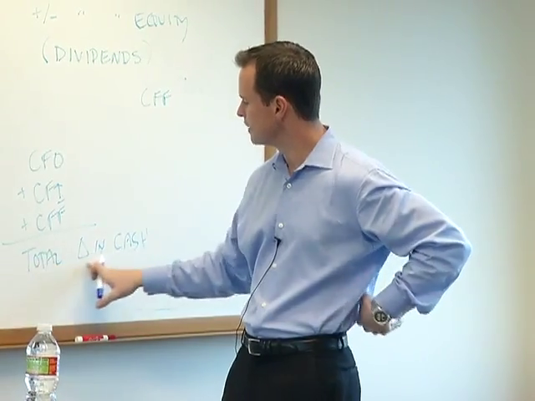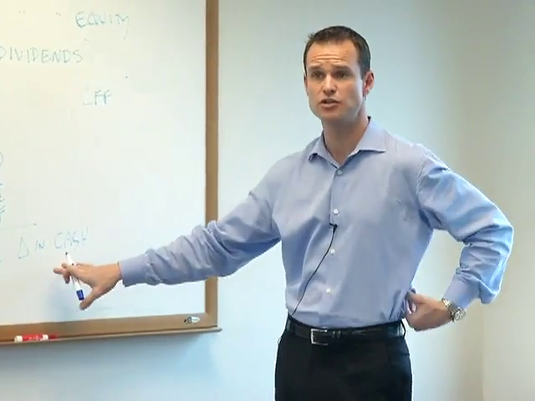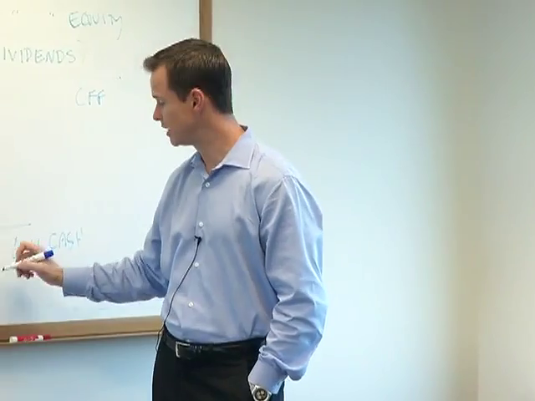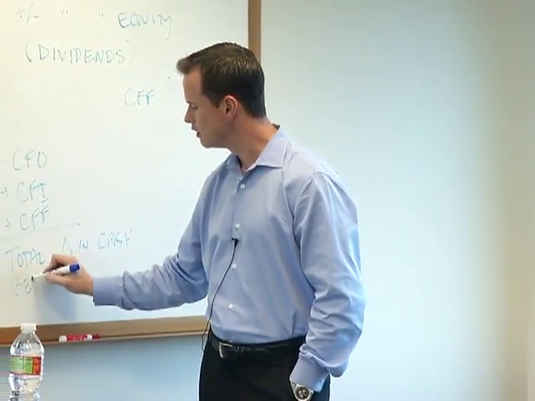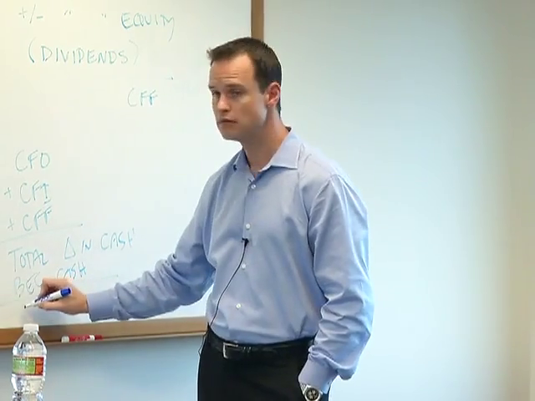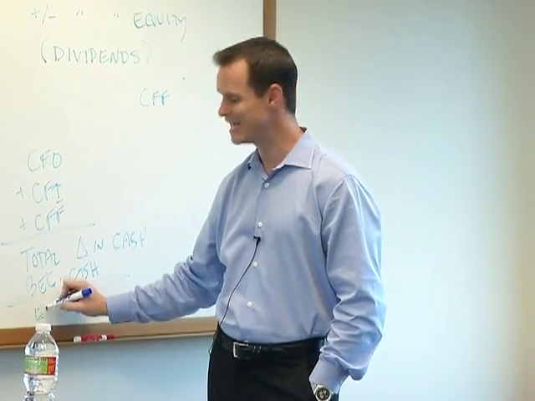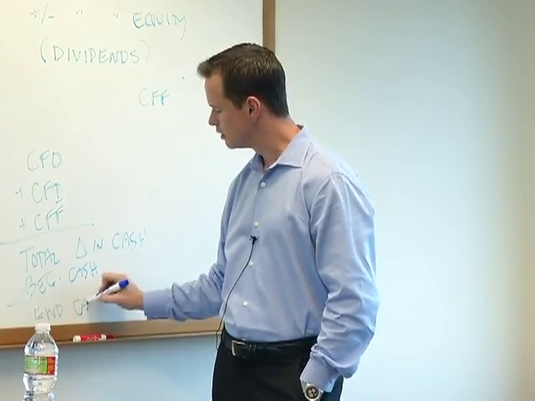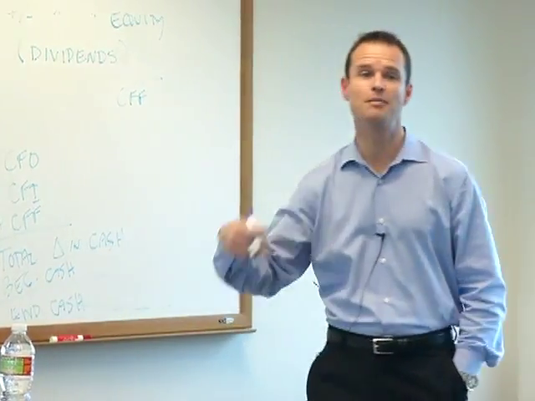And if we add this total change in cash to our beginning cash at the beginning of the year, that gives us what? Gives us ending cash. All right. Which goes back up onto our balance sheet. It's that first line on our balance sheet.